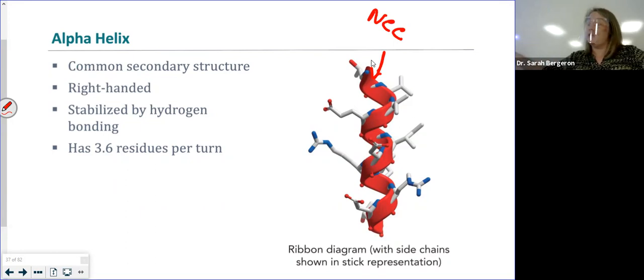Those are R groups. Those are all R groups. Now I have a very important question to ask you. Are all interactions within a protein between R groups? No, they're not. Where else can they be between? The backbone, right? Because the backbone has what that can participate in hydrogen bonding?